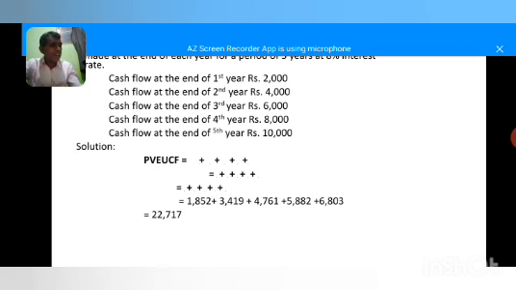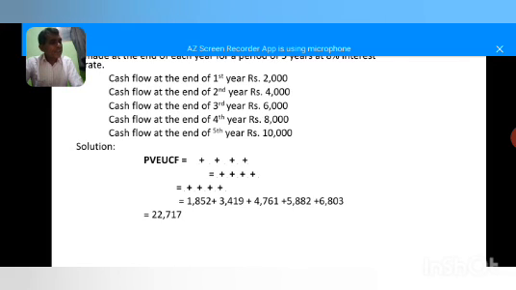Now dividing and adding: 4,000 divided by 1.08 we get 3,704, plus 6,000 divided by 1.17 we get 5,128, 7,000 divided by 1.26 we get 5,555, plus 8,000 divided by 1.36 we get 5,882, plus 10,000 divided by 1.47 we get 6,803.